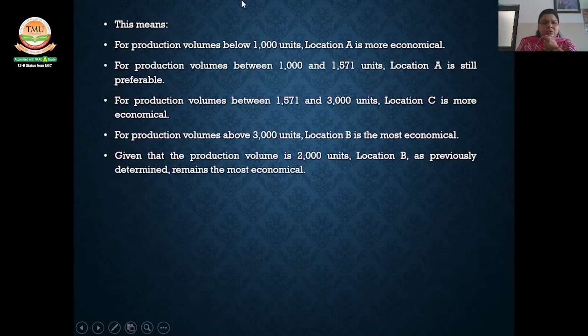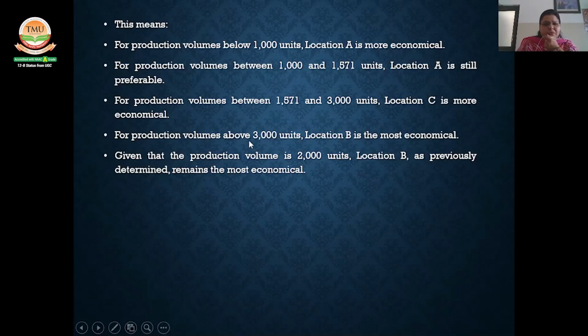Now the conclusion is, for production volume below 1000 units, location A is more economical. For production volume between 1000 and 1571 units, location A is still preferable. For production volume between 1571 and 3000 units, location C is more economical.